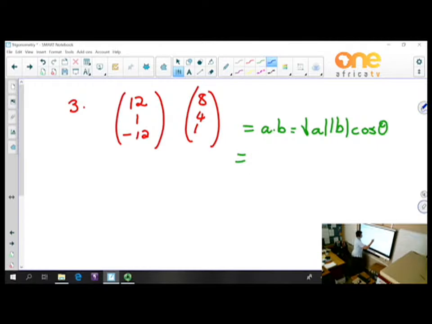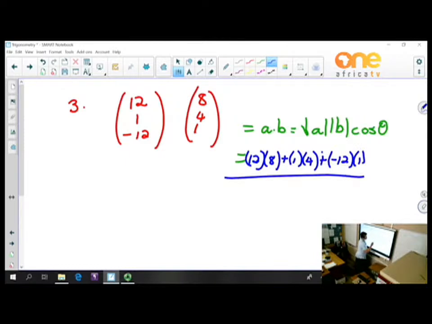It is 12 times 8, plus 1 times 4, plus negative 12 times 1. Okay, I'm going to bring this down immediately, is equal to cosine theta.